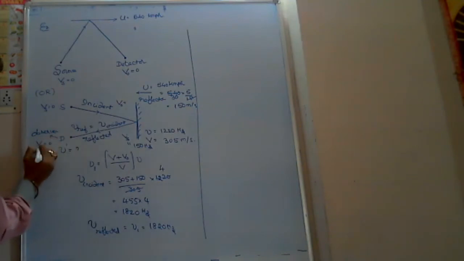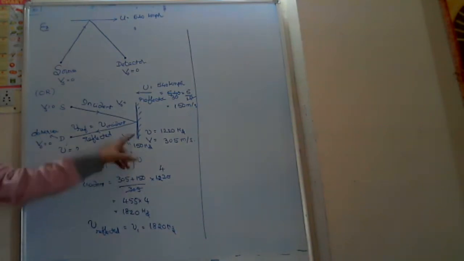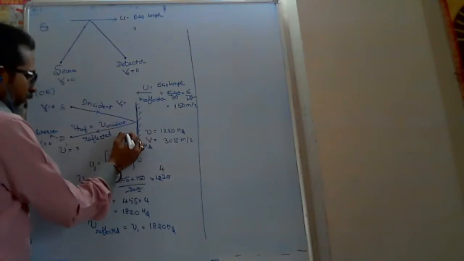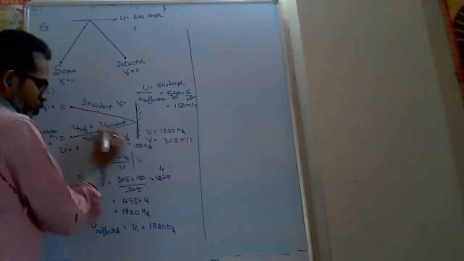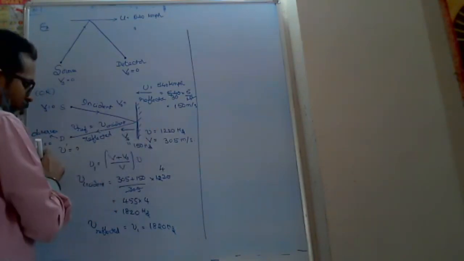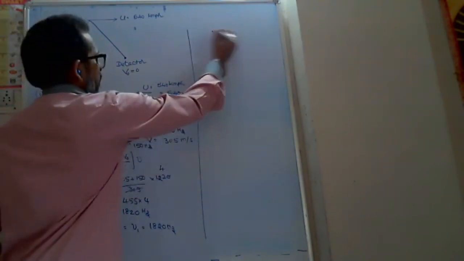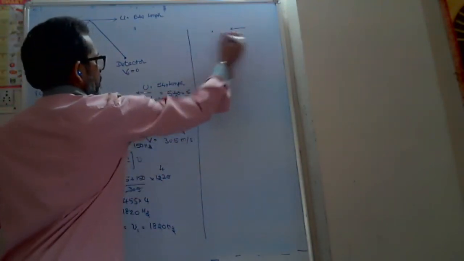When the source is approaching the observer, I think the wavelength will be changed. Yes, sir. When the source is in motion, the wavelength will be changed. Here the source is in motion, moving towards the observer, approaching the stationary observer.